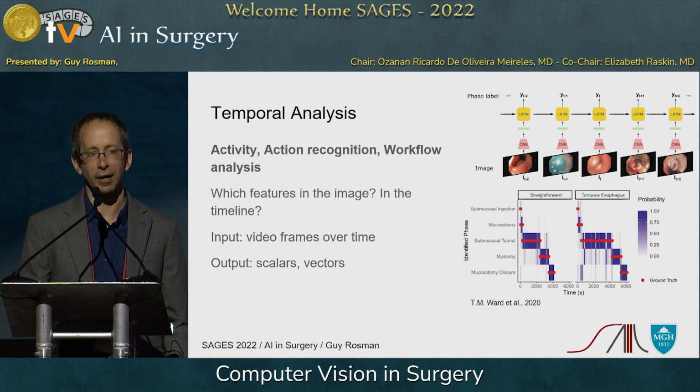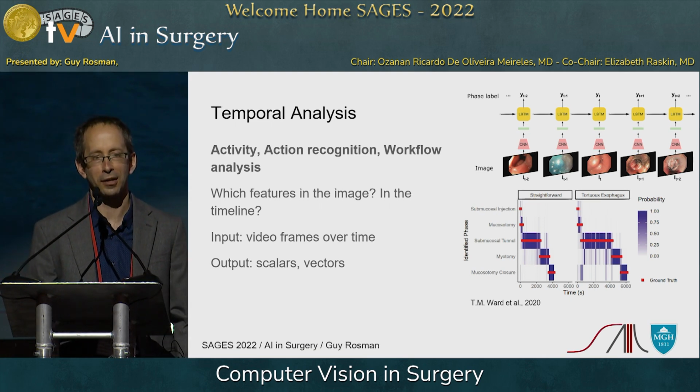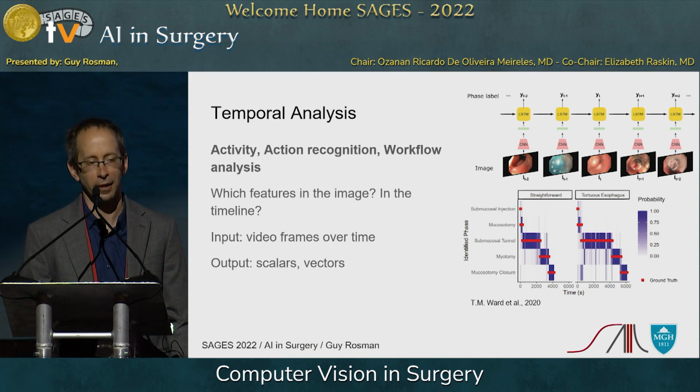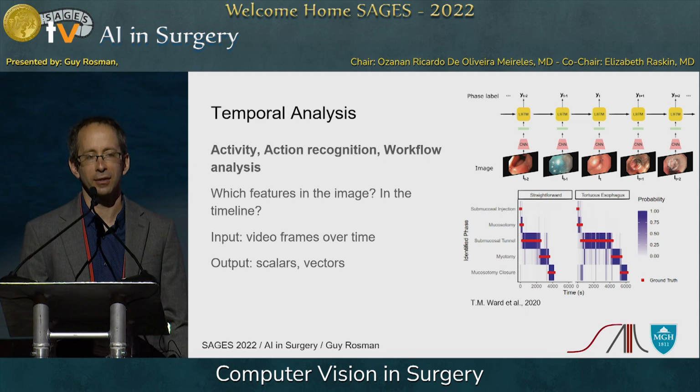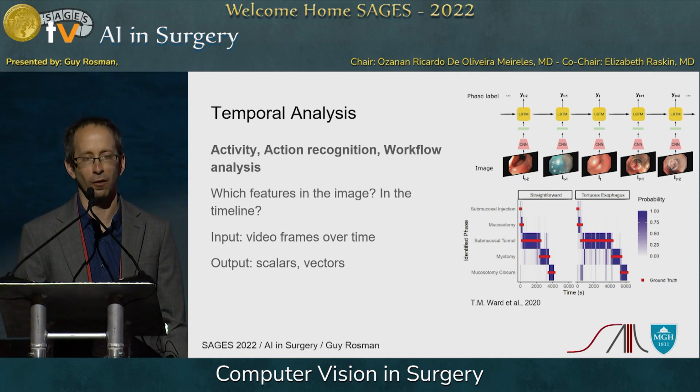These were all very much localized around a few frames, but our end goal is to be able to understand the whole surgery, and that requires temporal analysis. Traditionally in computer vision, people have done activity recognition, action recognition, and so forth.